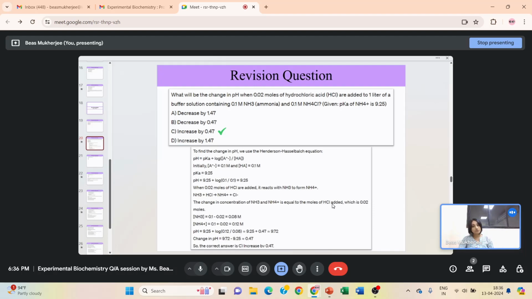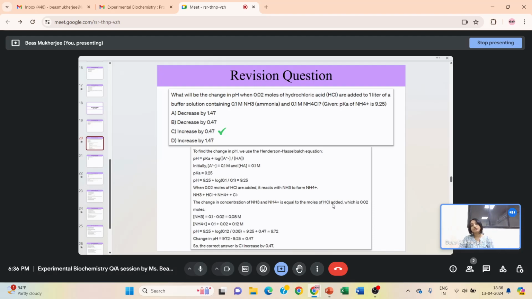What is this 0.02? This is basically the change in concentration of ammonia and ammonium, which is equal to the moles of HCl added, and that is 0.02 moles, right? So the concentration of ammonia, you're getting 0.1 minus 0.02, and that gives you 0.08 molar.